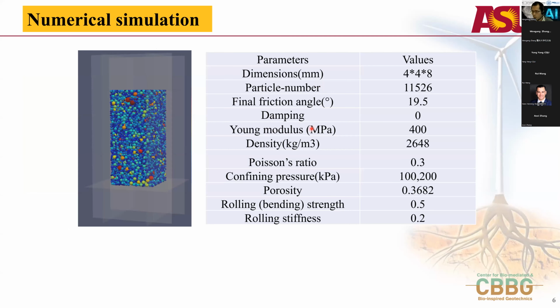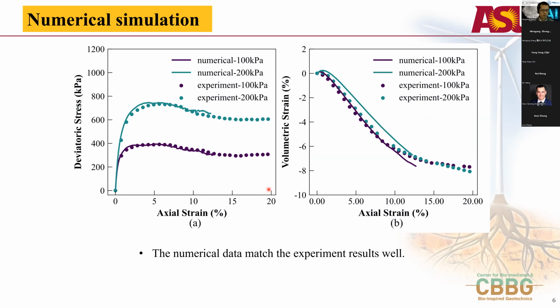In this study, we use the DEM simulation to investigate the fundamental mechanism of the rotational movement. Before we conduct the rotational penetration simulation, we use the triaxial test to calibrate and validate the microscale parameters. Here is our triaxial sample. In this table, we show the microscale parameters. Here are the stress-strain curve and the volumetric strain and axial strain curve.